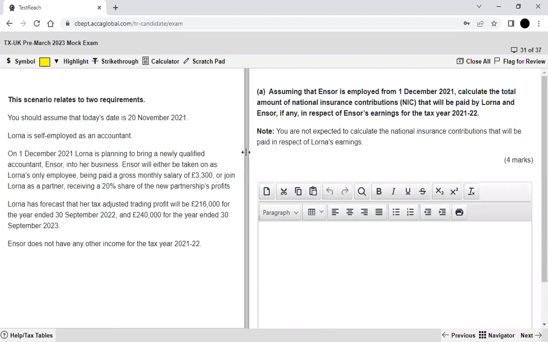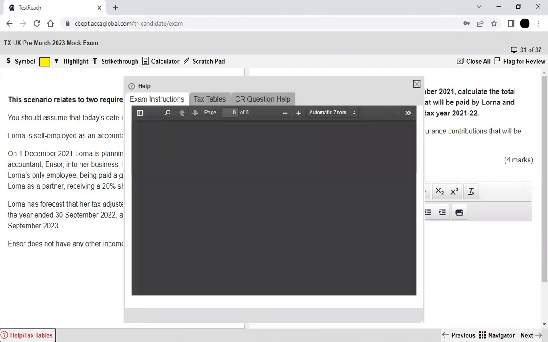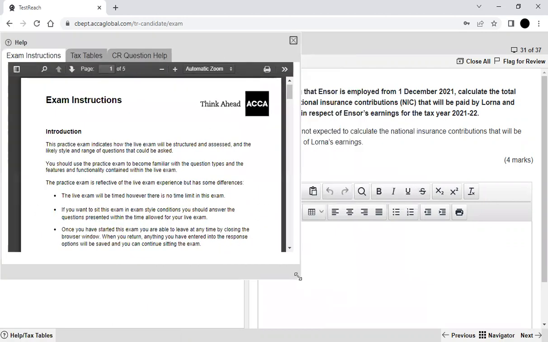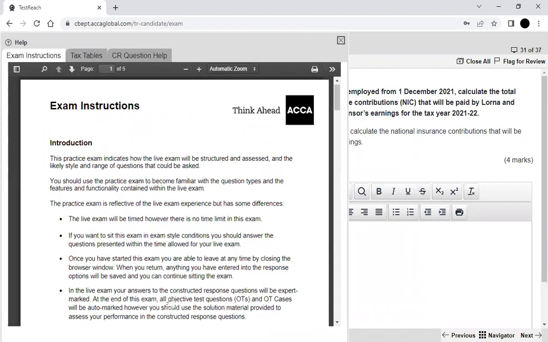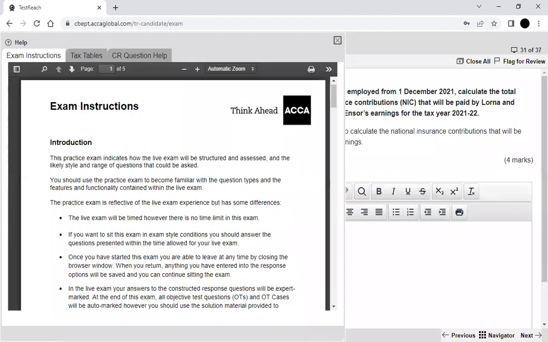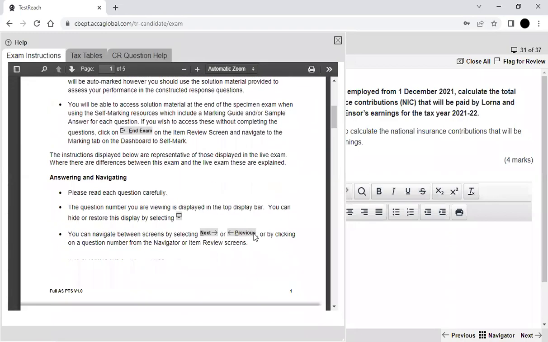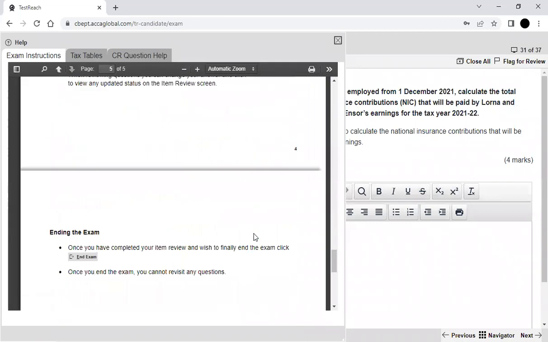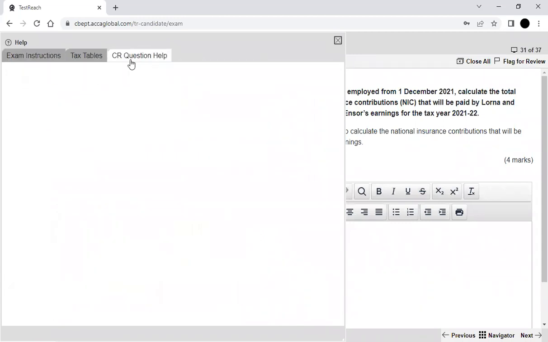Okay. On the left bottom side, there is help, text tables, exam instructions. I advise all of the students who are attempting the papers on CB for the first time to go through it at least once so that you would be aware of what the standard exam instructions are.